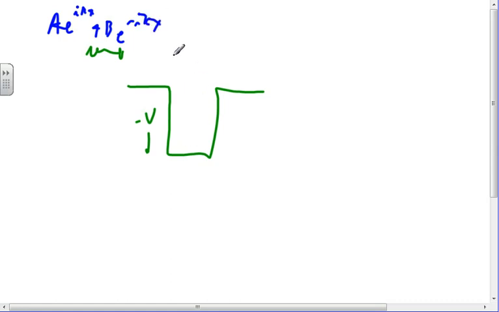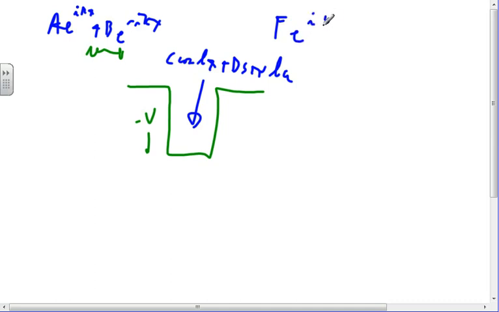Inside the well it is C cosine Lx plus D sine Lx. On this side of the well it is F e to the ikx. Zero is right there, and right here's minus a, and over here's a.